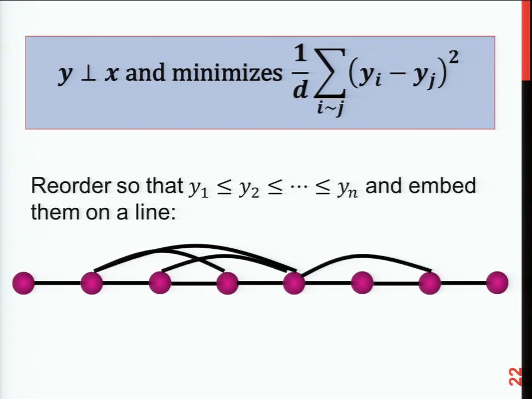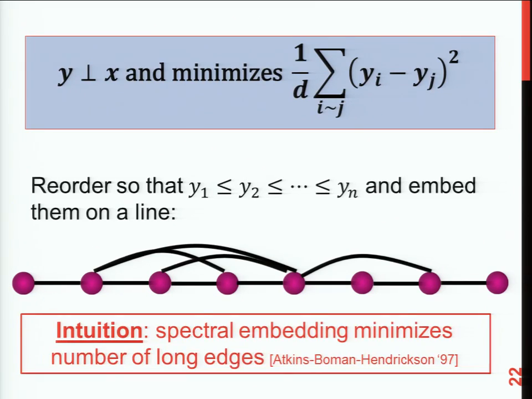So intuitively, in the ordering given by the second eigenvector, you have few long edges and most of the edges are short.